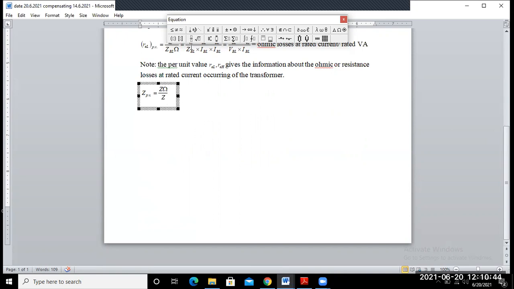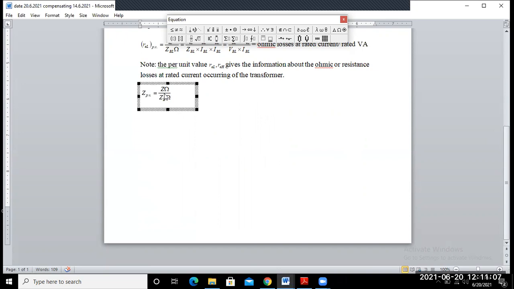So the base impedance value in ohm is equal to, as we already derived, kilovolt base value whole square divided by MVA at base value.